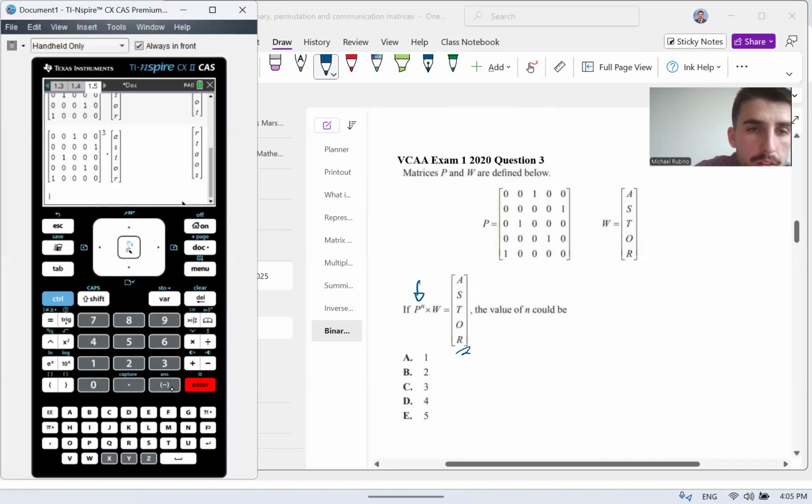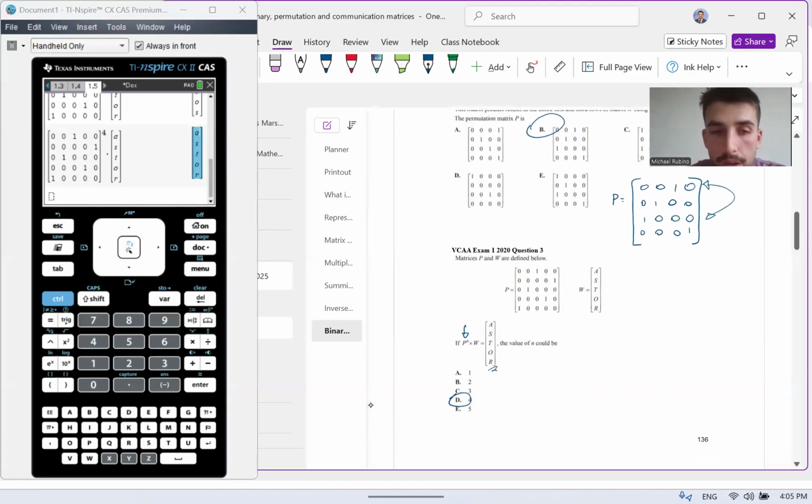Instead of Sarot, it's Sratoa. What if we do it to the power of 4? Astor. So this is the matrix we would like. If we did the permutation to the power of 4 times the initial, we would still get back to where we started. That is all we are going to do today.